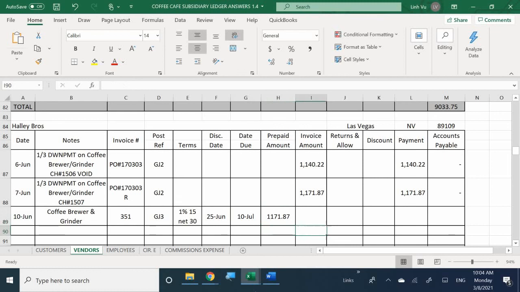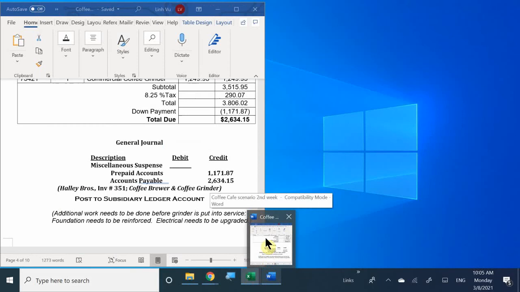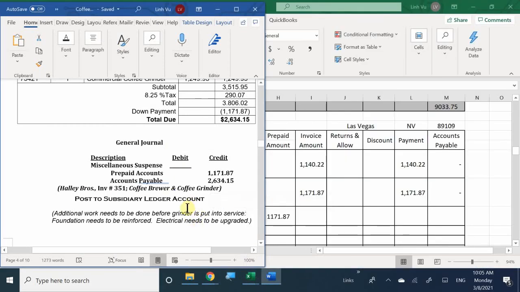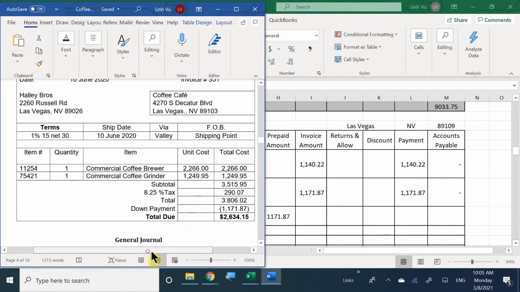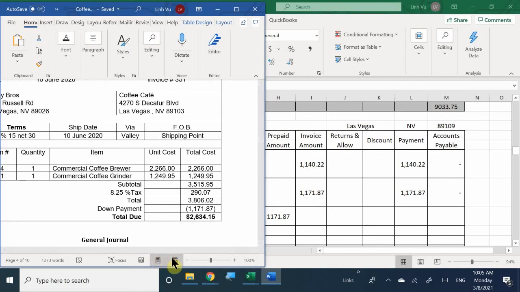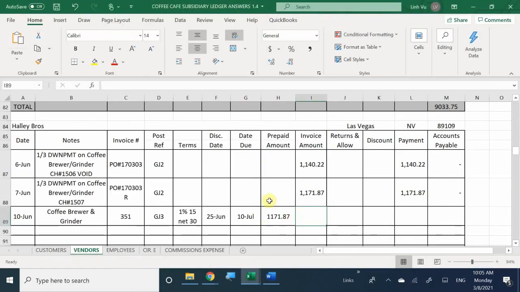We have the 1,171.87. Okay. Now, what was the original invoice amount? So again, it should be given on there. Okay, what was the original invoice amount before the down payment? 3,806.02, right? So I'm going to go ahead and place it in there.